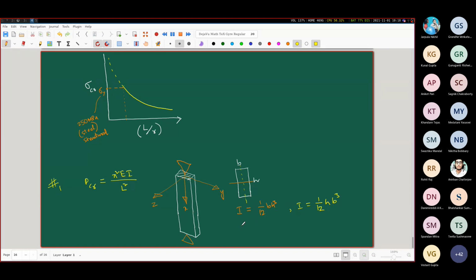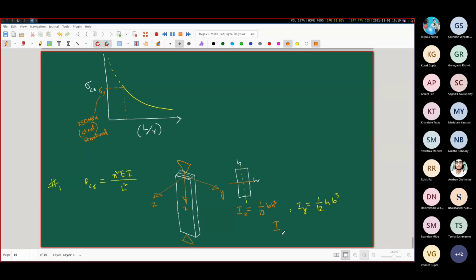Whose value is higher, do you think? The orange one has a higher value. So let's call this IZ, and let's call this one IY.